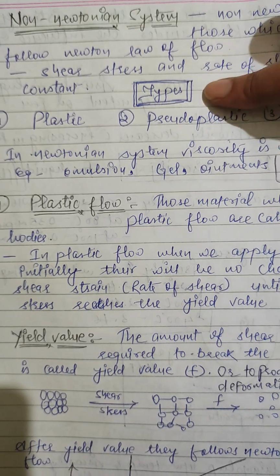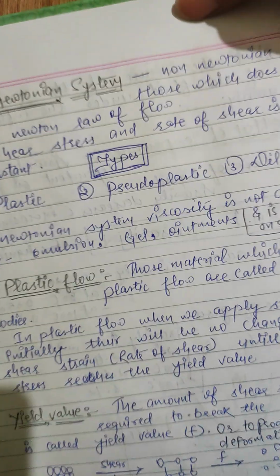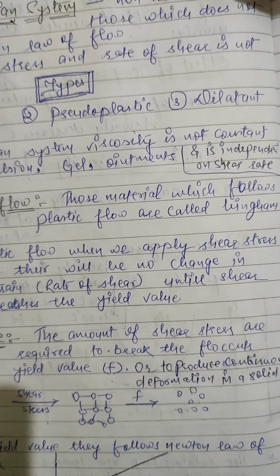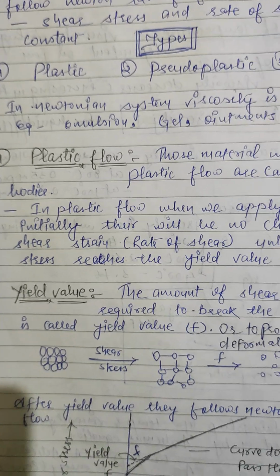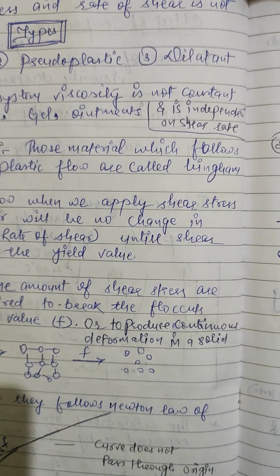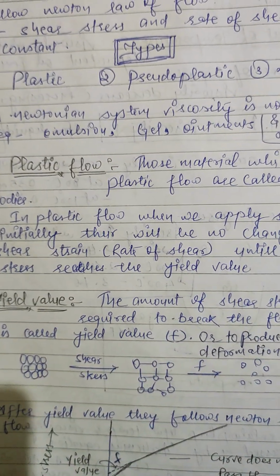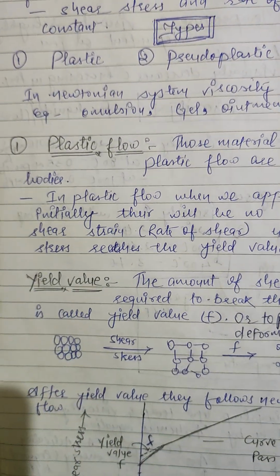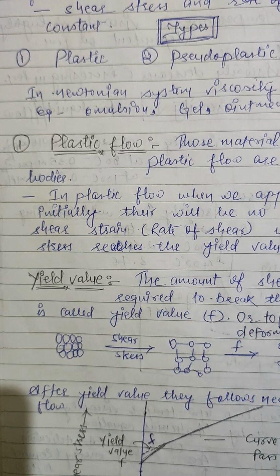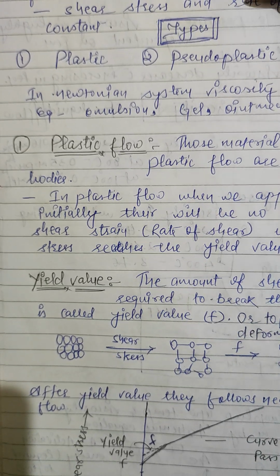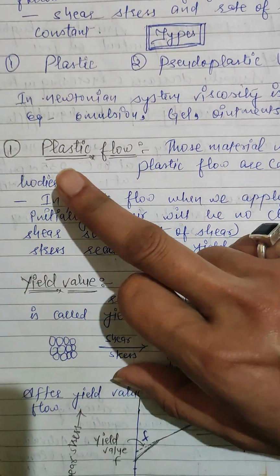So the types are plastic, pseudoplastic, and the third one is dilatant. We'll talk one by one. In non-Newtonian systems, viscosity is not constant. Examples are emulsion, gel, ointment. We'll talk about these separately, and you will get to understand what this point means.